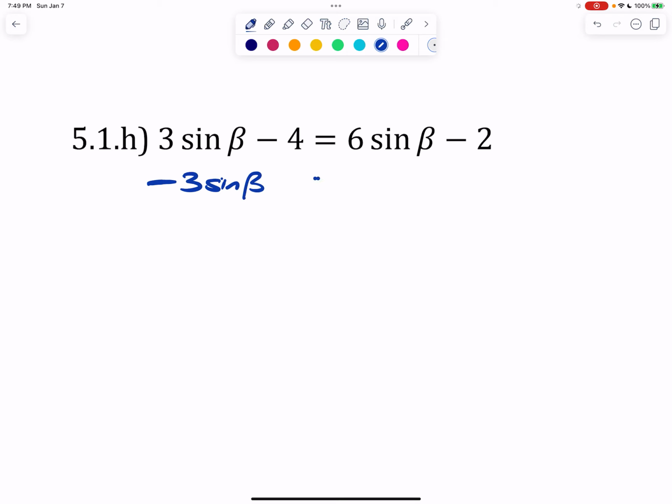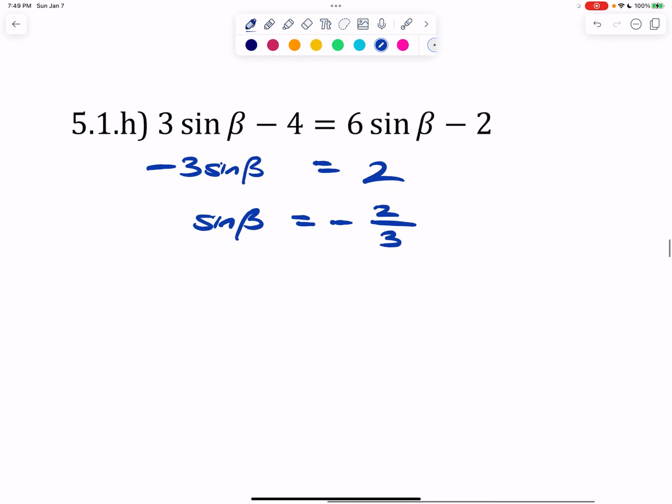Adding 4 to both sides gets rid of the 4 from the left, leaves us with positive 2 on the right. So sine beta is negative 2/3, which means that the reference angle is inverse sine of positive 2/3. The calculator says that's 41.8 degrees.